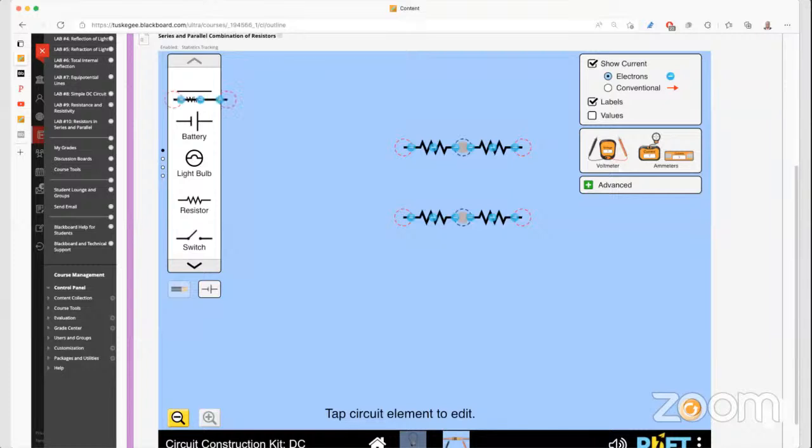And we'll drag a wire here. Add a battery here.